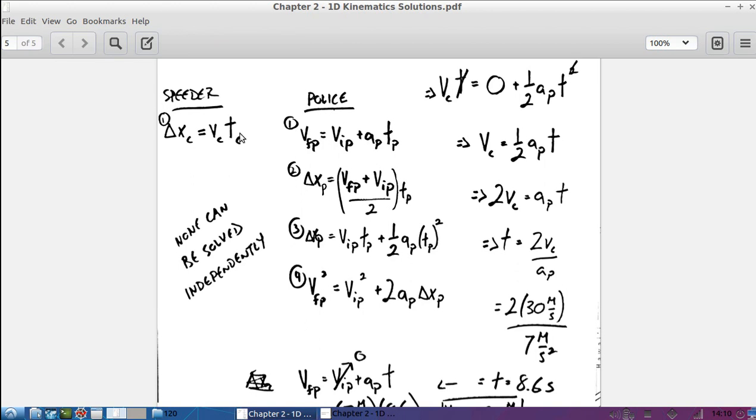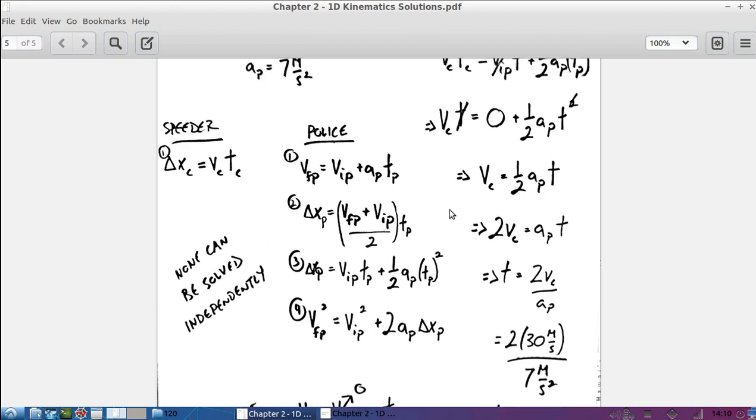Since the times are the same, you should be able to cancel them out. Do a little bit of algebra and solve for v final.